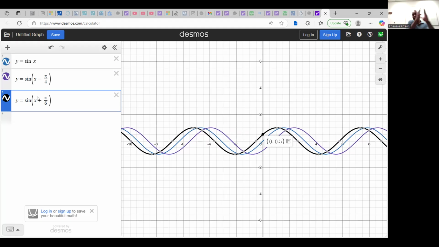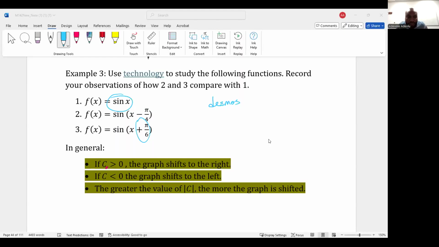So it has been shifted to the left. All right, so that is what I asked you to do by using technology, or you can use your graphing calculator. It is the same thing.